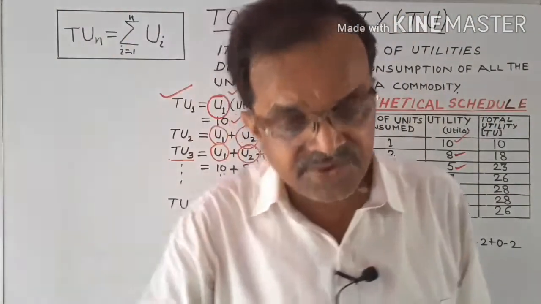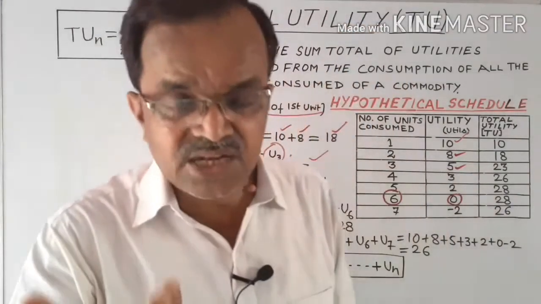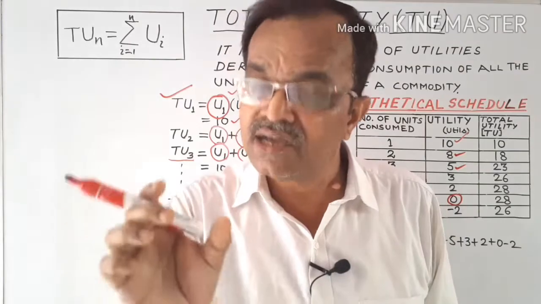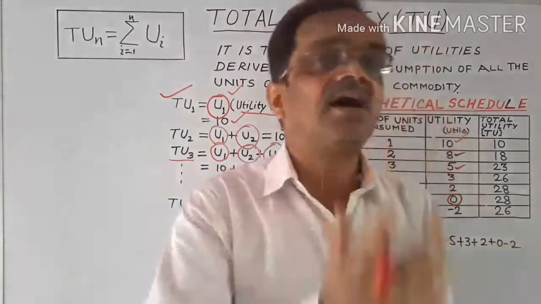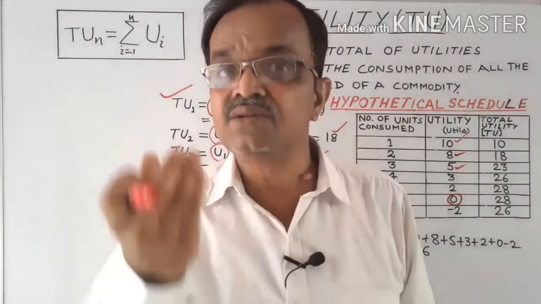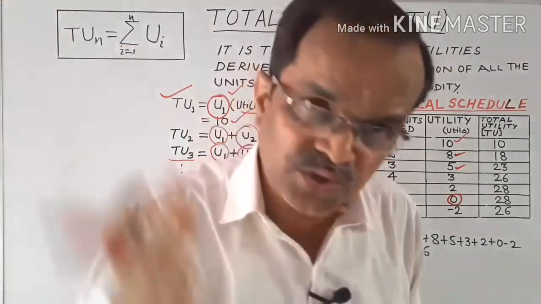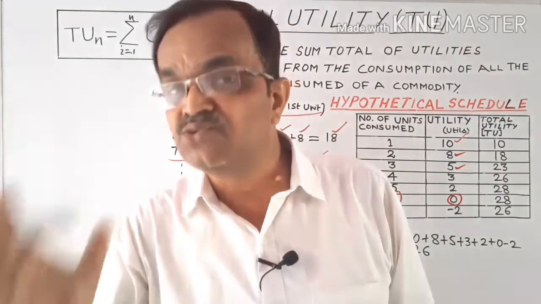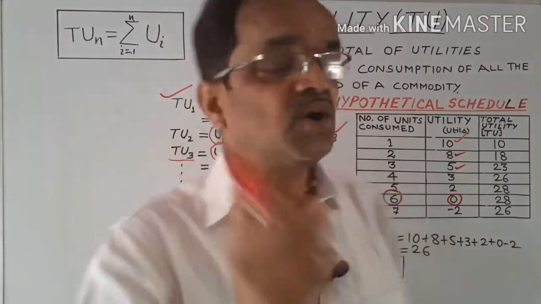In the similar fashion, हमें जिस भी यूनिट का, जितने भी यूनिट्स तक का टोटल सेटिस्फैक्शन निकालना है, उतने यूनिट्स का अलग अलग एडिशनल सेटिस्फैक्शन जो सिंगल है सबको जोड़ देंगे. देन वी गेट द टोटल सेटिस्फैक्शन ऑफ दैट यूनिट ऑफ कंजम्पशन ऑफ द कमोडिटी.